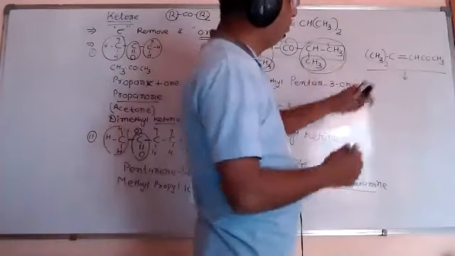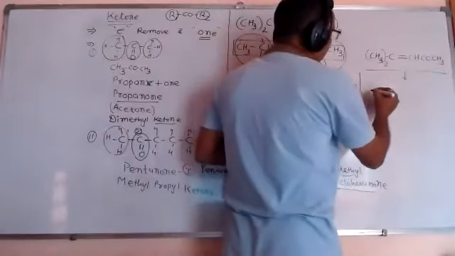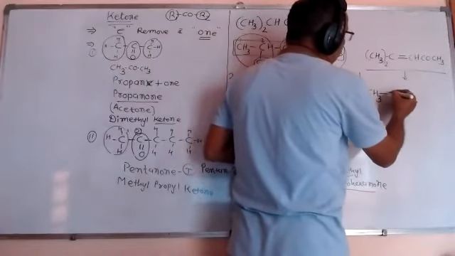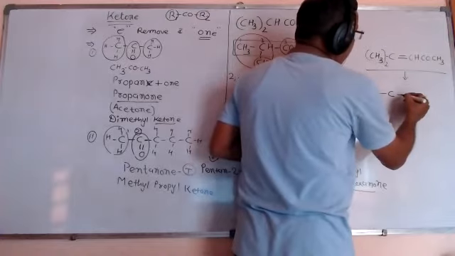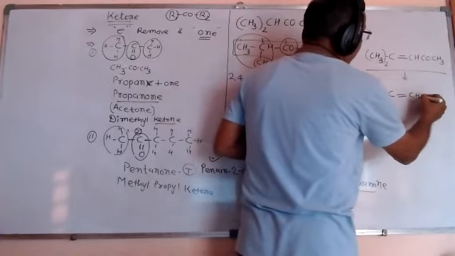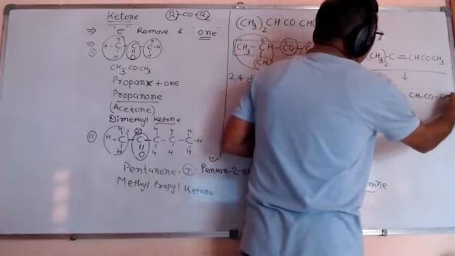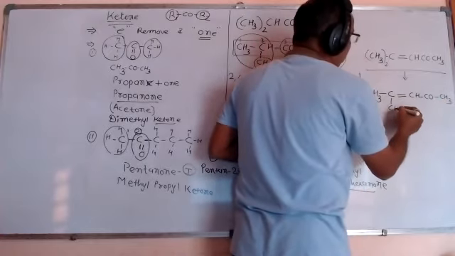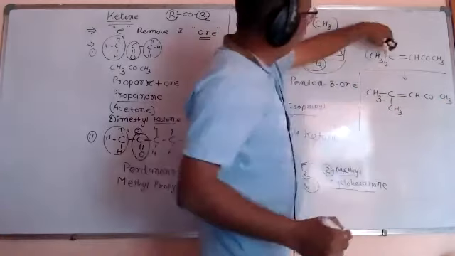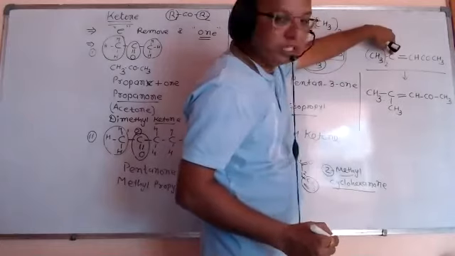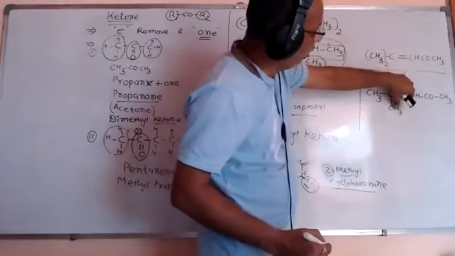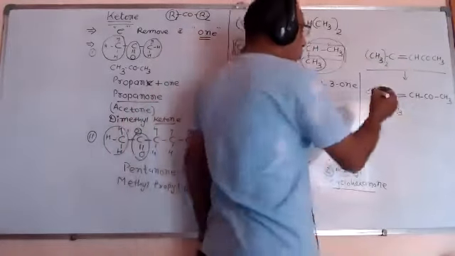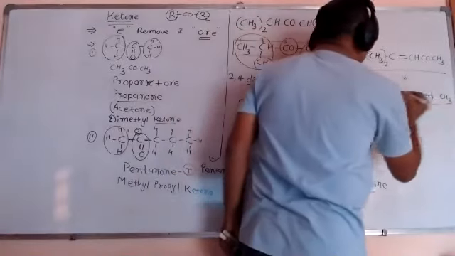So 2 times CH3 is given. Once again, friends, CH3 1 time, C, this is double bond, here is CH, CO and CH3. Another CH3 is to be written here. You can see CH3 two times is attached with this carbon. That's why I have written one in branch, one in chain. So it's now somewhat simple.